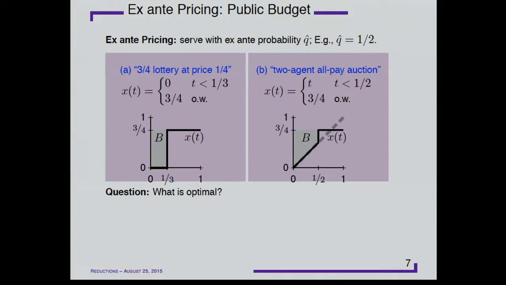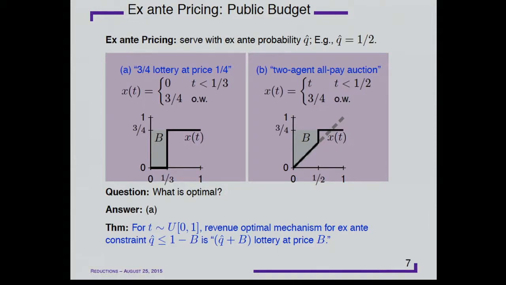Right? So here, we sell with probability 1/4 and everyone pays B. Here we sell with probability 1/2 and everyone pays B. Here we sell with probability 1/2, but some people don't pay B. Does that make it easier? Which one's bigger? Okay, and in fact, A is optimal.